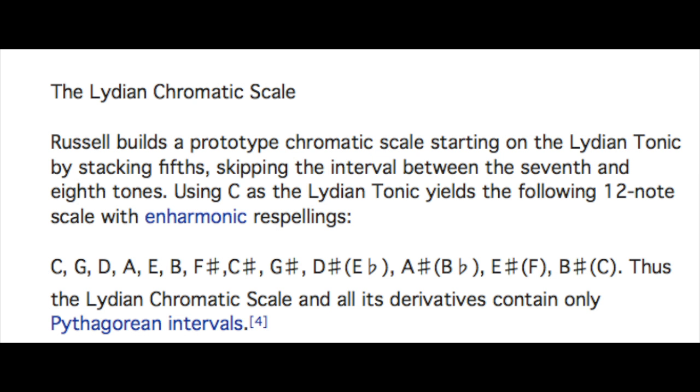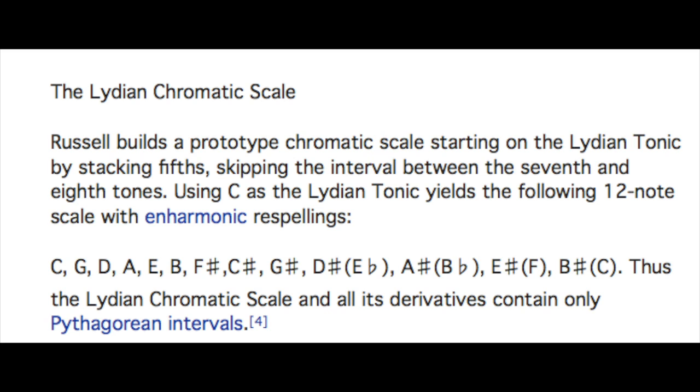The best summation that I can find to summarize this whole system is actually on Wikipedia, and it's in one paragraph. It says, Russell builds a prototype chromatic scale starting on the Lydian tonic by stacking fifths, skipping the interval between the 7th and 8th tones.